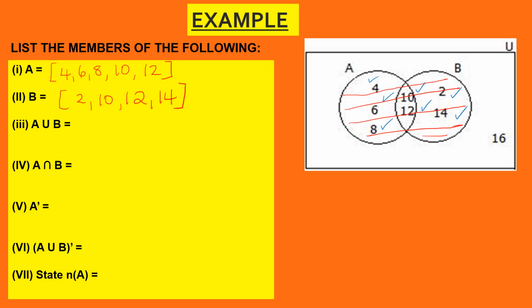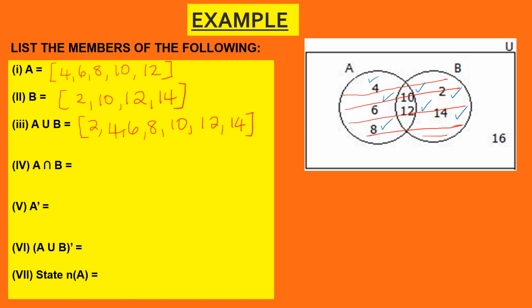So we're going to put that in order. 2, 4, 6, 8, 10, 12, 14. Let me just erase here.